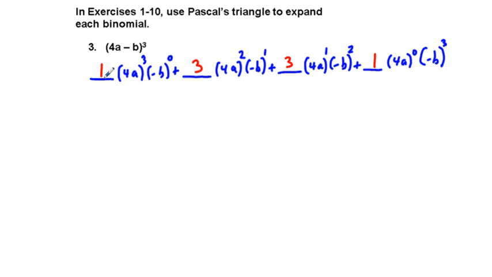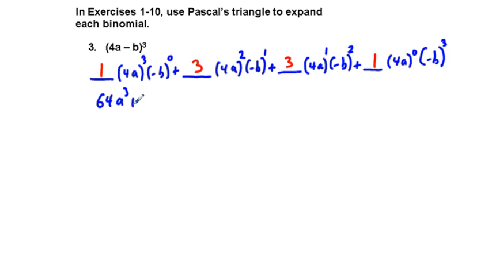So what we have is 1 times, well, what's going to be 4 to the third power? That's going to be 4 times 4 times 4, which is 64. So our first term is going to be 64a to the third power, and then negative b to the power of 0 is just 1, so we're just going to leave that in place.